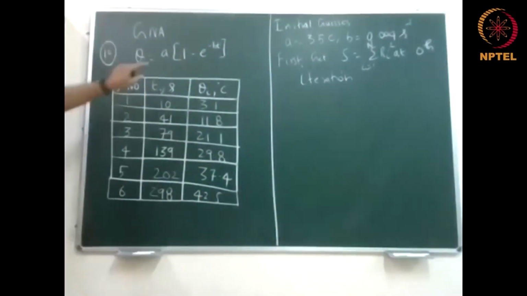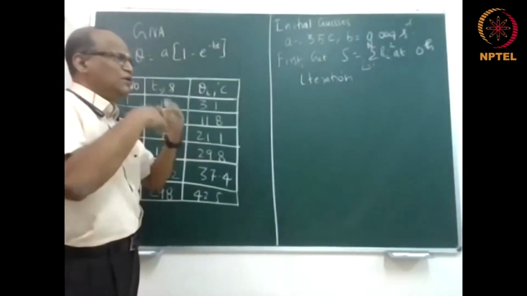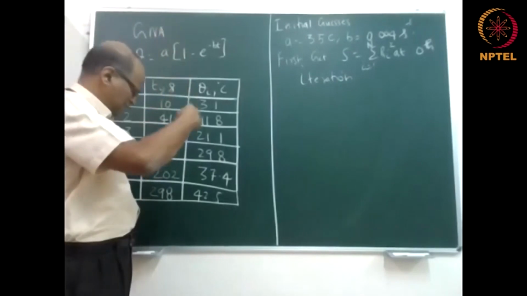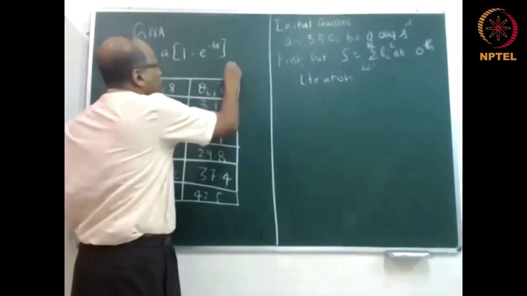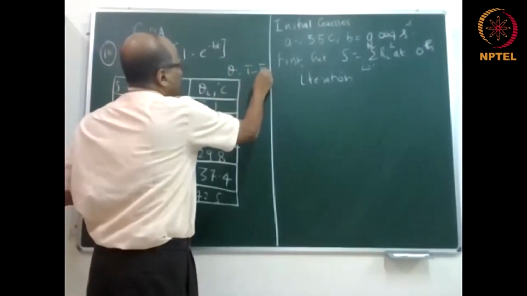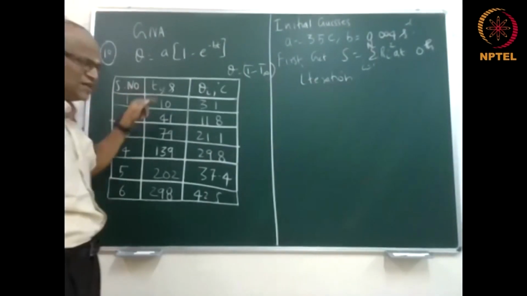Okay. Now, let us say that there is some experiment which is going on, an unsteady experiment. You're getting the theta. Theta is T minus T infinity. T infinity is not even required because we've already taken care of the T infinity and subtracted it from T. So there are 6 values, serial number 1, 2, 3, 4, 5, 6. So there are 6 times.